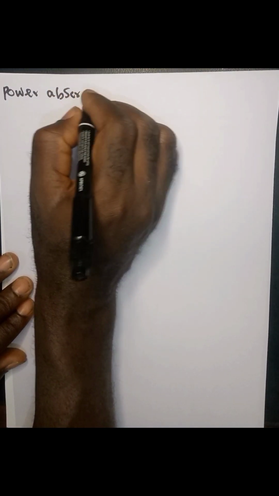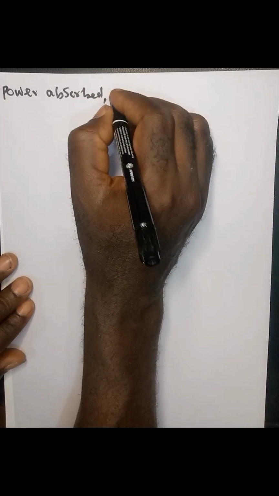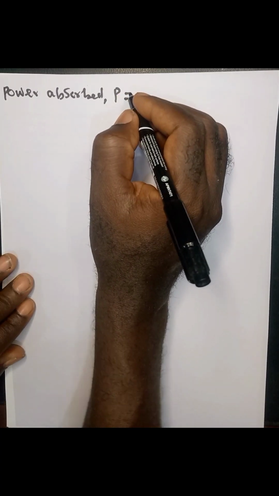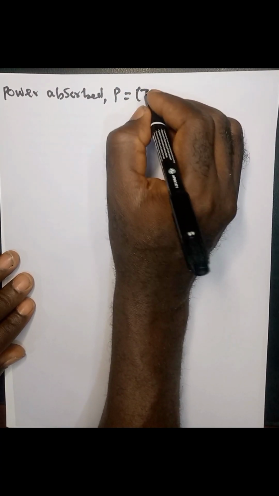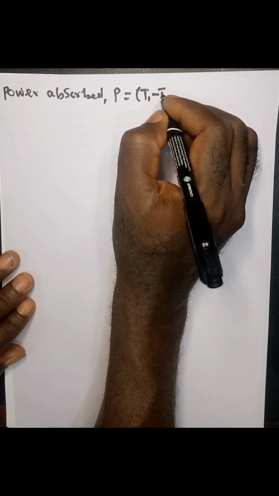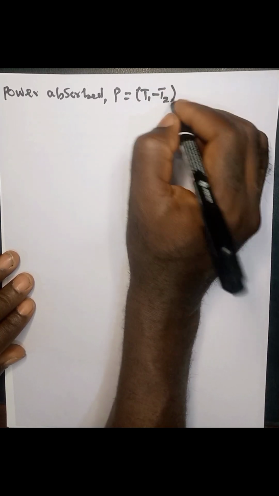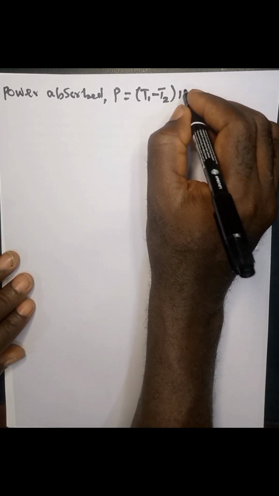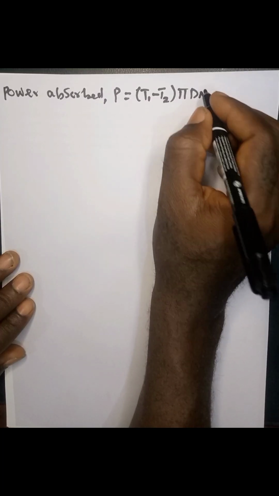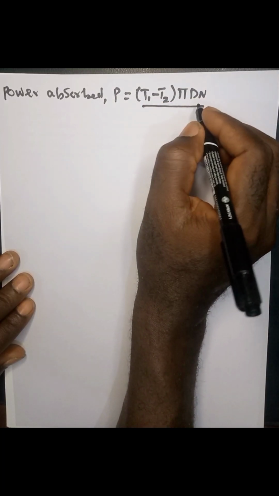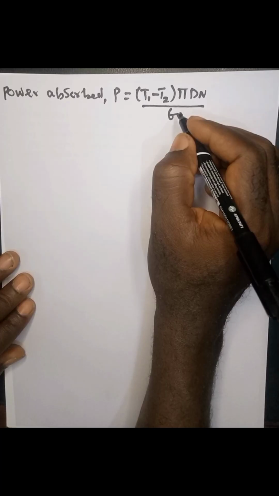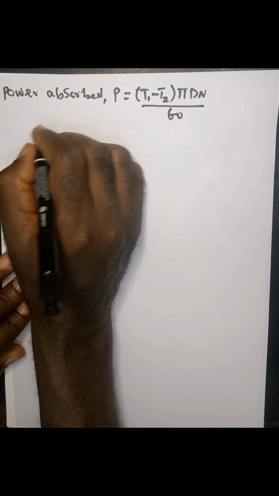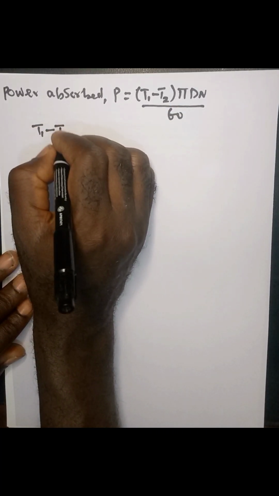Again, we know that power absorbed P is given by the effective tension on the band, which is T1 minus T2, multiplied by pi D N all over 60. Then we will make the effective tension the subject of the formula.